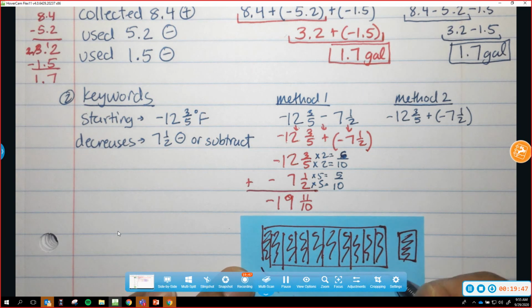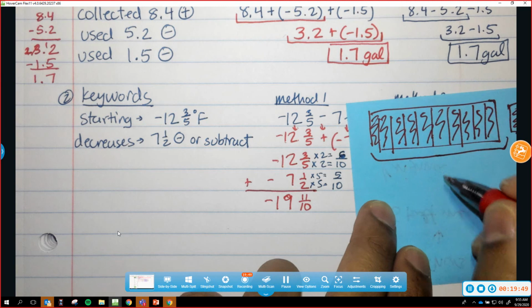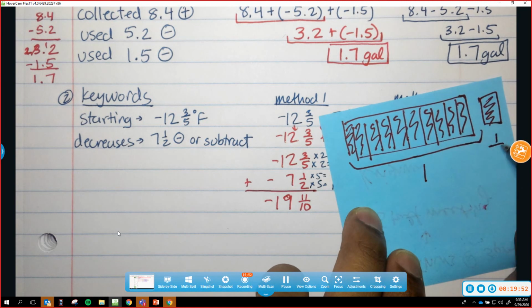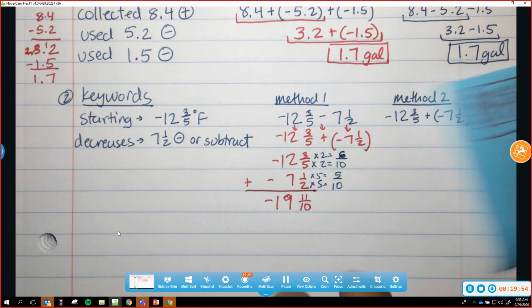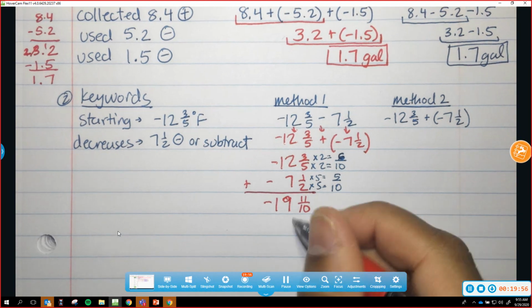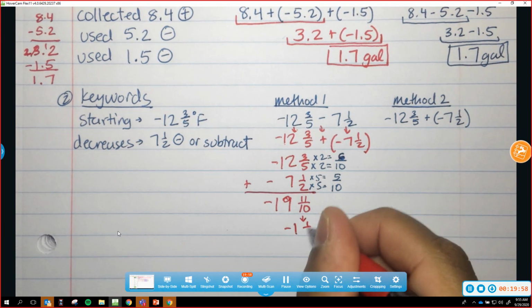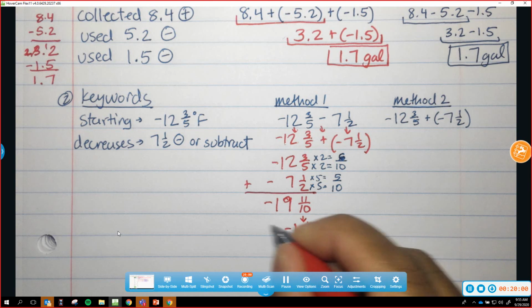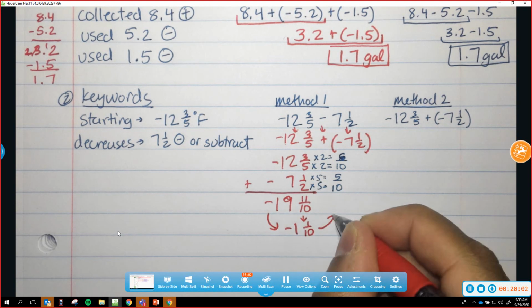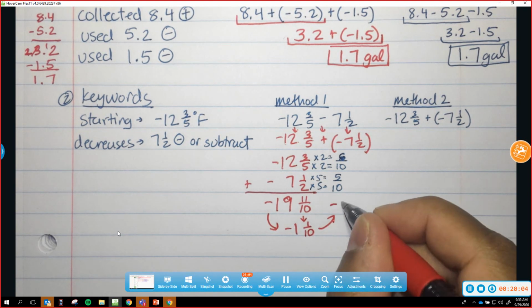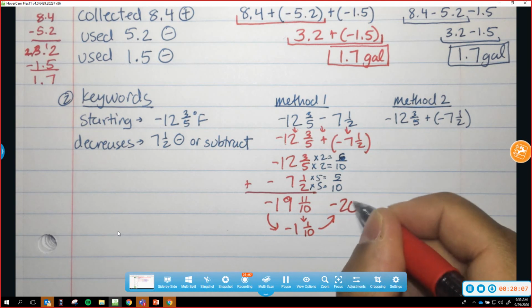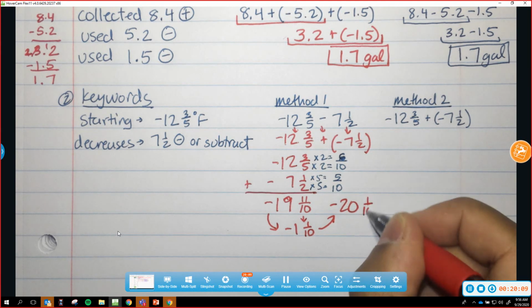So this whole thing is like 1, and then I have 1/10 left over. So that 11 tenths is like negative 1 and 1/10. So I have to add it on over. So I get negative 20, and I'll have my 1/10 left over.